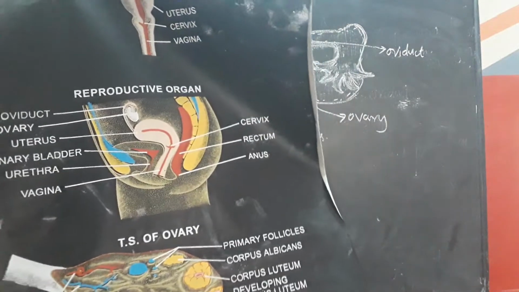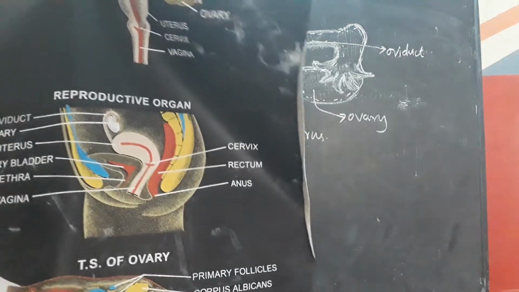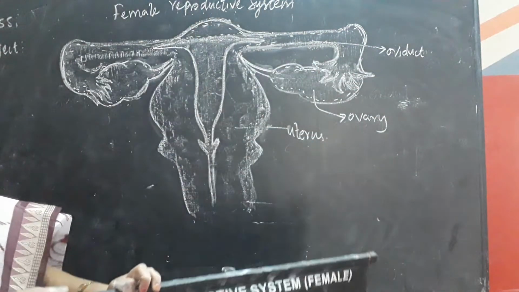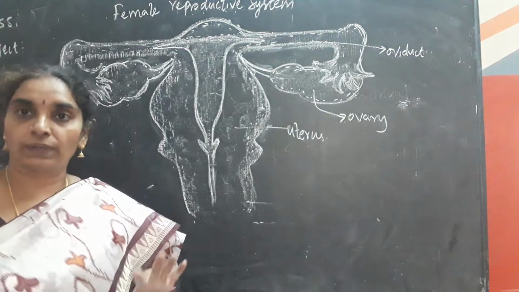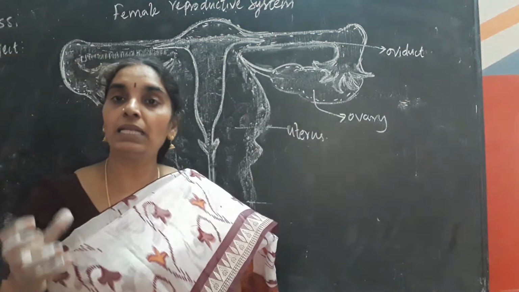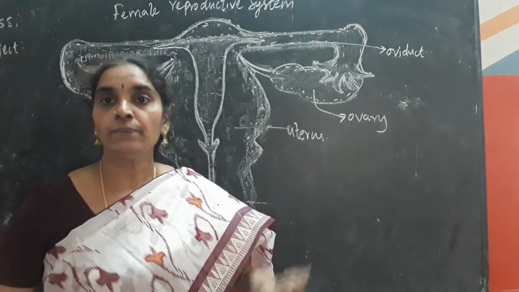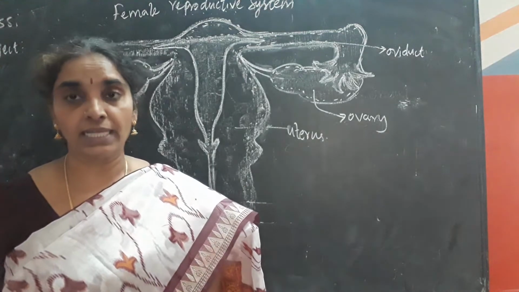It is surrounded by an outer covering, contains a nucleus, and a free floating cytoplasm is present in the center of the ovum. When this ovum fuses with the sperm, a zygote is formed, which is called fertilization.